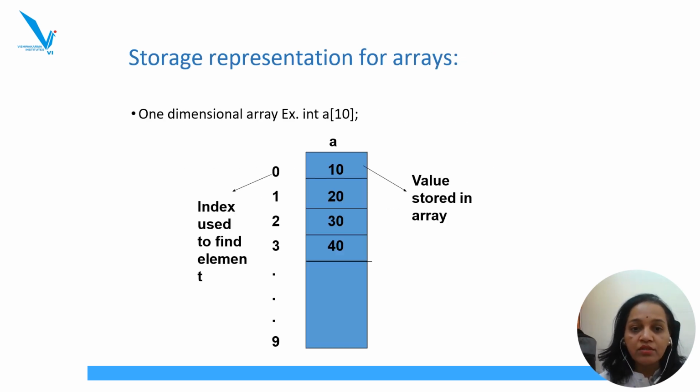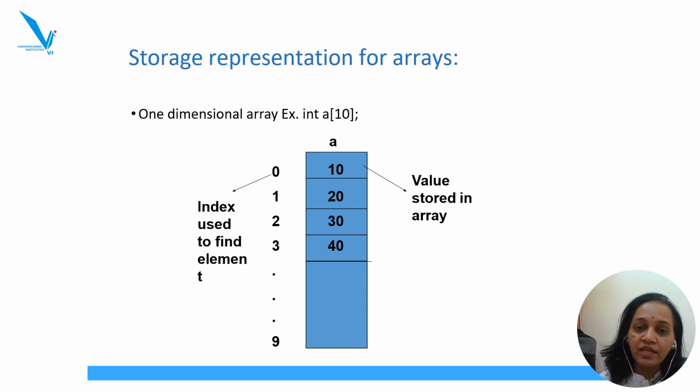So check out the storage representation for the array. This is a one-dimensional array. For example, if I declare integer a of 10, that means I want to store 10 integer elements. The name of the array is a. This is how arrays are defined.